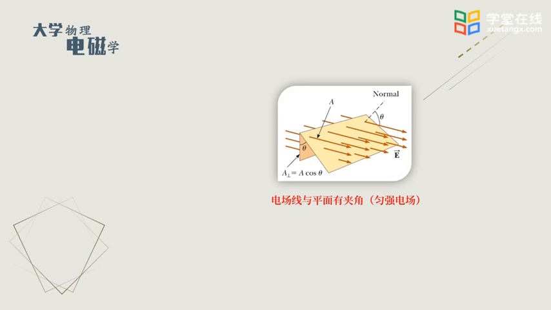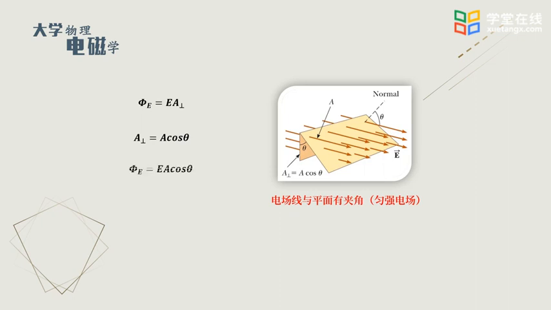According to the definition of the electric flux, the number of lines penetrating A equals the number of lines that cross the area A vertical. A vertical is a projection of the area A onto a plane oriented perpendicular to the field. The area of A vertical is equal to the area of A multiplied by cosine theta.